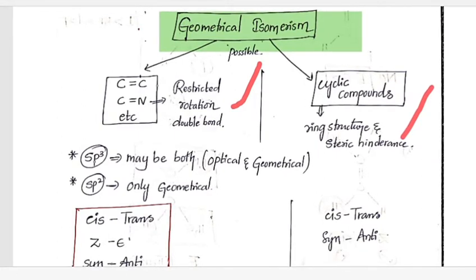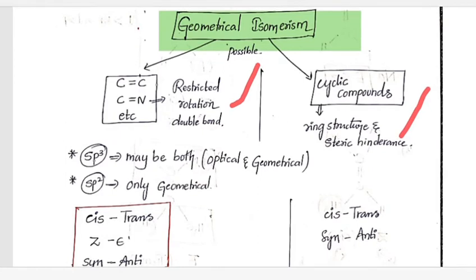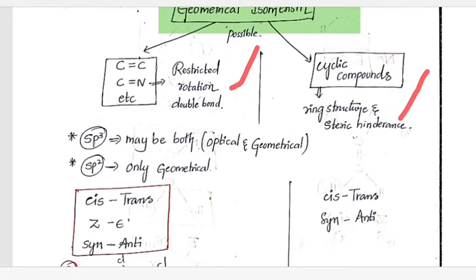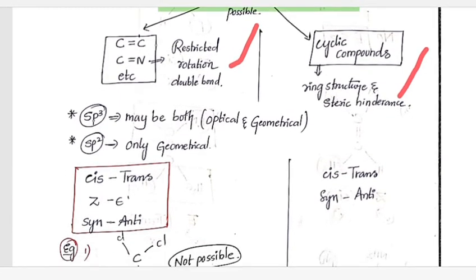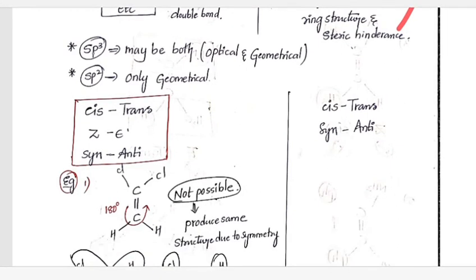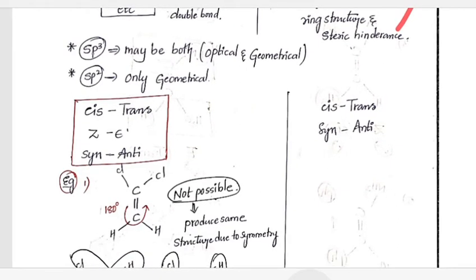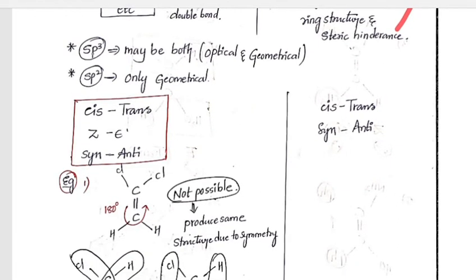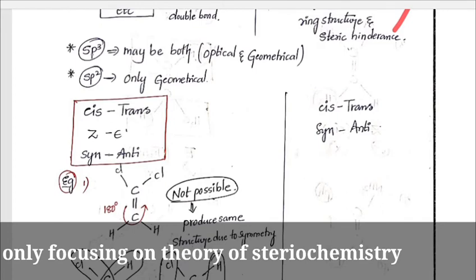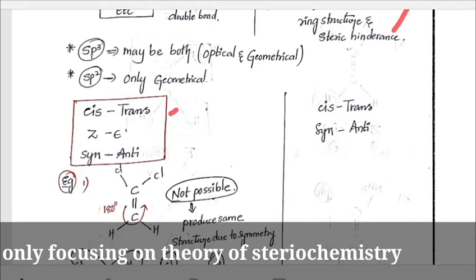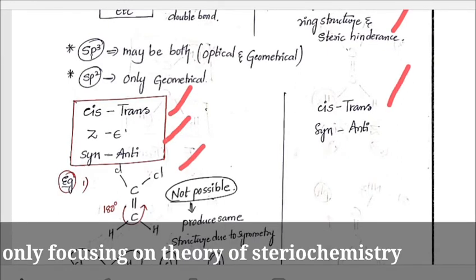An important point to remember is that a compound with sp3 hybridization may have both optical and geometrical isomerism, but sp2 hybridization only forms geometric isomerism. For non-cyclic compounds we have cis-trans forms, E-Z forms, and syn and anti forms. For cyclic compounds there are two possibilities, cis and trans, and syn and anti.